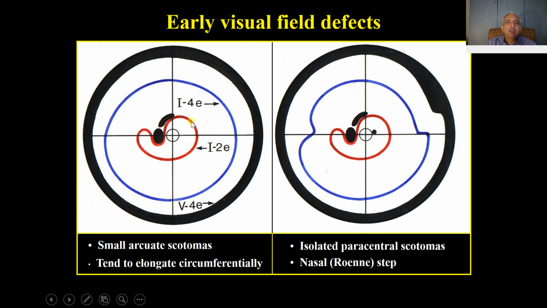So this reddish area represents an area where a typical spot of light will be presented and the patient will be able to see. So 12E will be a very small dot of light, 14E will be a bigger dot of light, and 54E will be an even bigger dot of light.